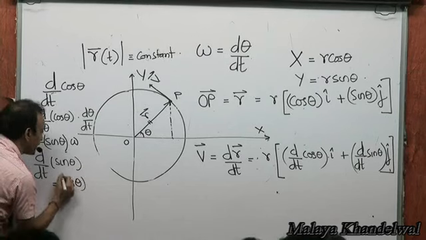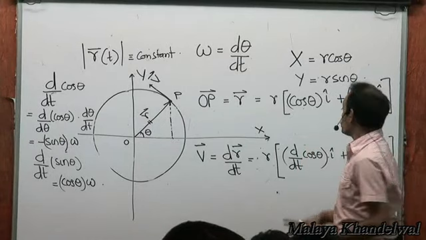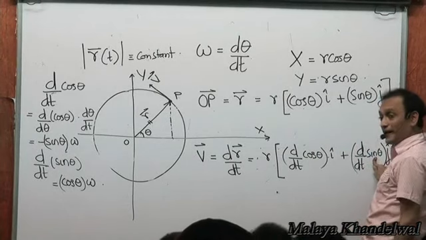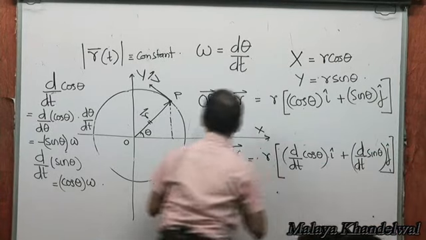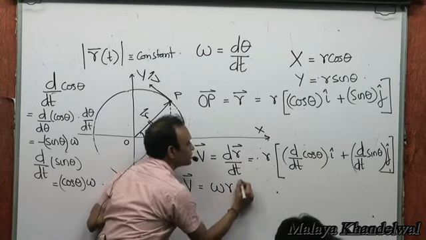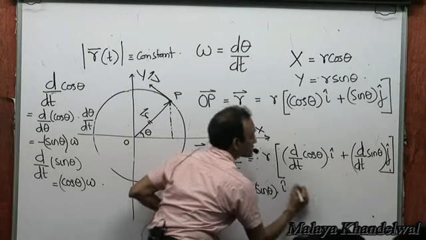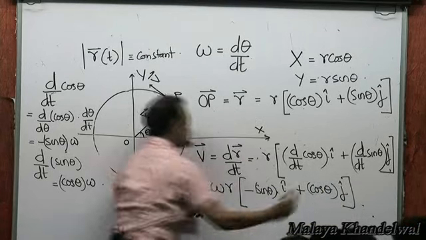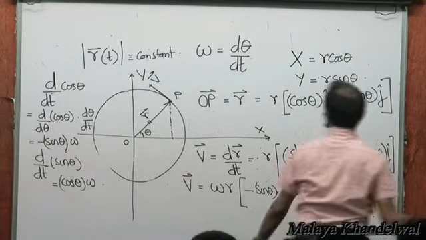And then theta with respect to time, that's going to give me omega. So, cos theta omega. Yes or no? Right? So, this d dt of cos theta, I can replace by minus sine theta omega. This I can replace by cos theta omega. So, omega will come out. So, the linear velocity v then is omega R, where R is the radius of the circle, times minus sine theta i cap plus cos theta j cap. Yes or no? Okay. So far, so good.